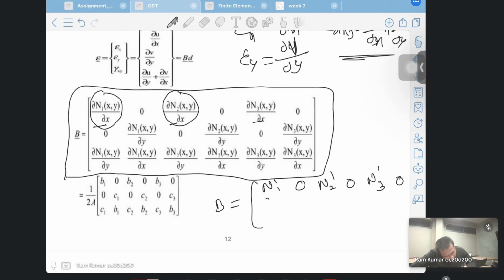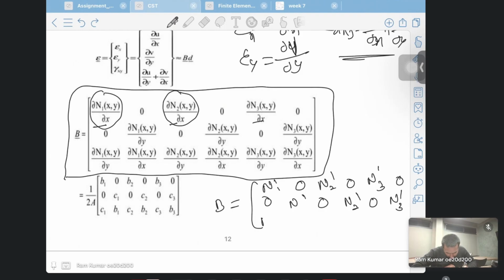Similarly the next row starts with 0: 0, N1 derivative, 0, N2 derivative, 0, N3 derivative. Then here again, del N1 by del x, or I will say just derivative.